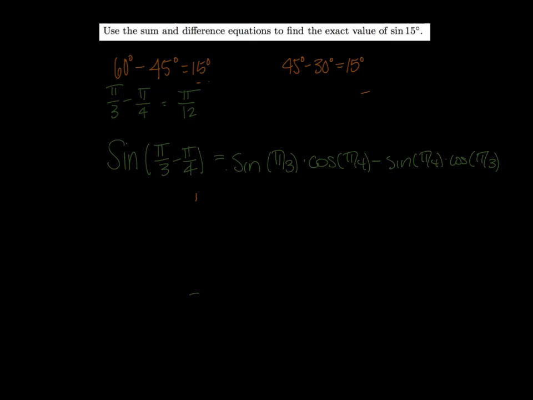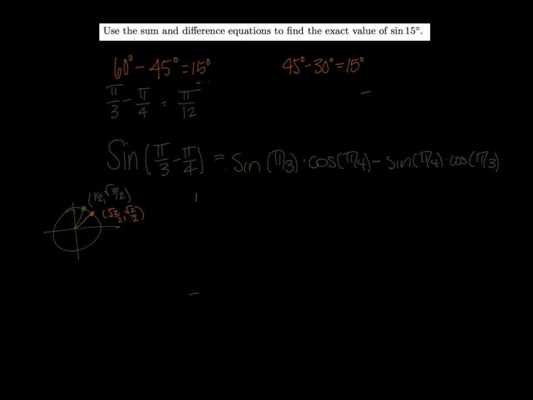So we should have these memorized. So remember, pi over 3 is up here. Our point is 1/2, square root of 3 over 2, while pi over 4 is here, and that is the square root of 2 over 2 and the square root of 2 over 2 for the name of our points.